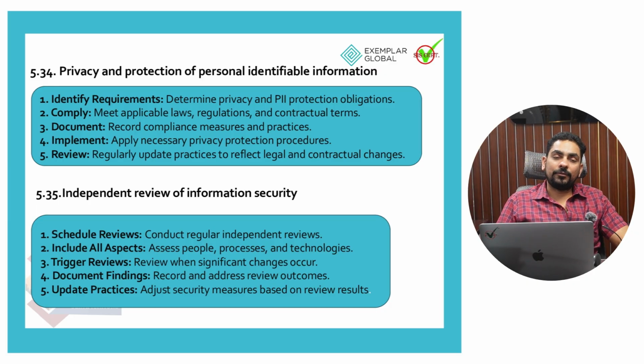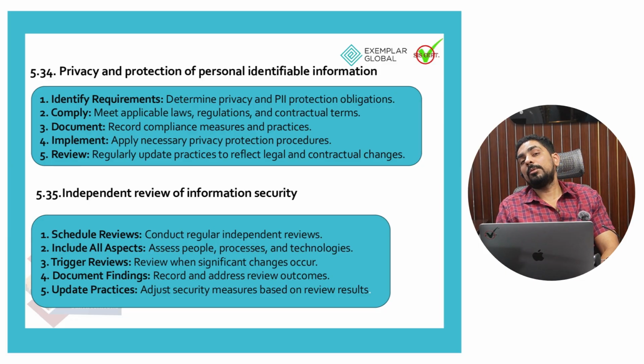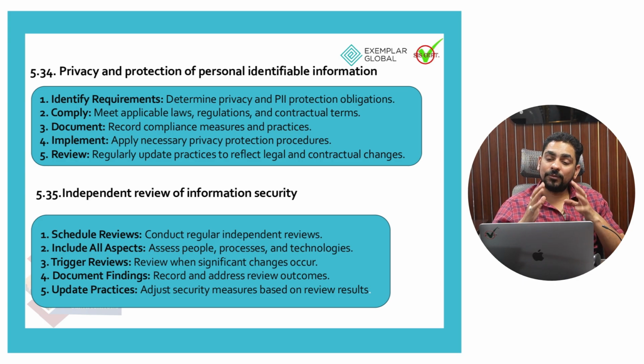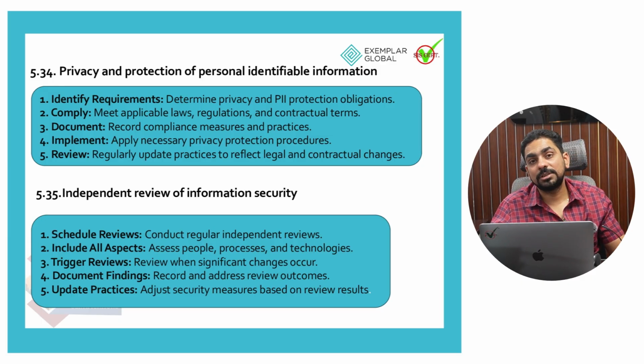PII is anything which is unique to you: your phone number, your email ID, your medical background, your financial details, your account details, and a lot of things. They are basically private information. You need to have a procedure and a system where you say, we are going to make sure that any of the PII is not going to be disclosed anywhere.